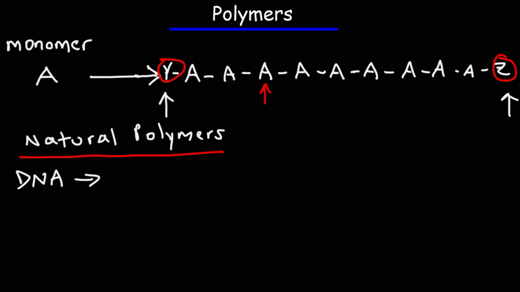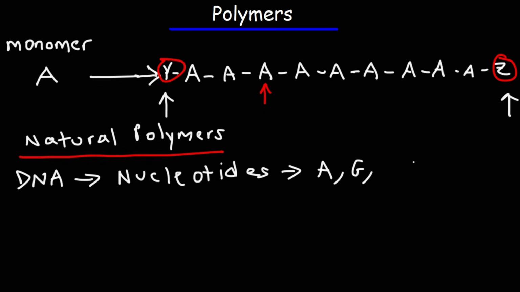Now, what is the monomer of DNA, if you remember? DNA is composed of nucleotides. So that's the monomer of DNA. So think of nucleotides like adenine, guanine, cytosine, thymine, or uracil in the case of RNA. Uracil is found in RNA but not in DNA.